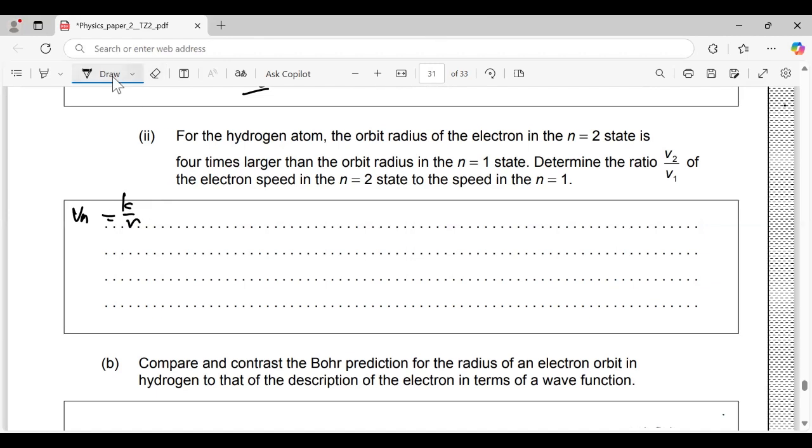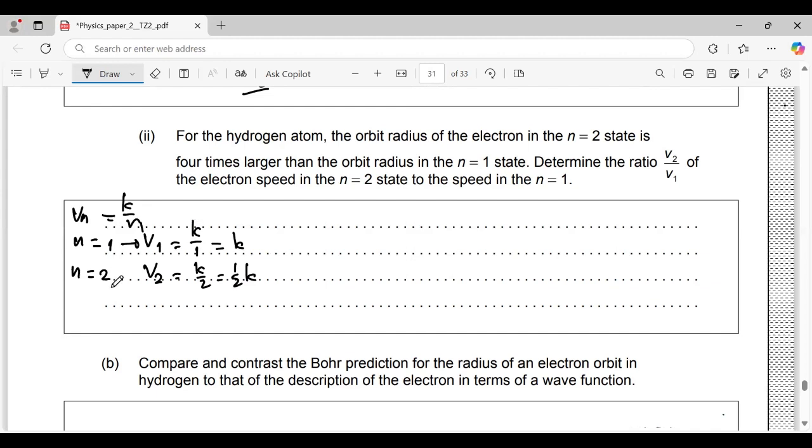K is constant. We can state the speed when n equal 1: the velocity will be v1 equal k over 1, which is k. And when n equal 2, the velocity v2 equal k over 2, or half k.